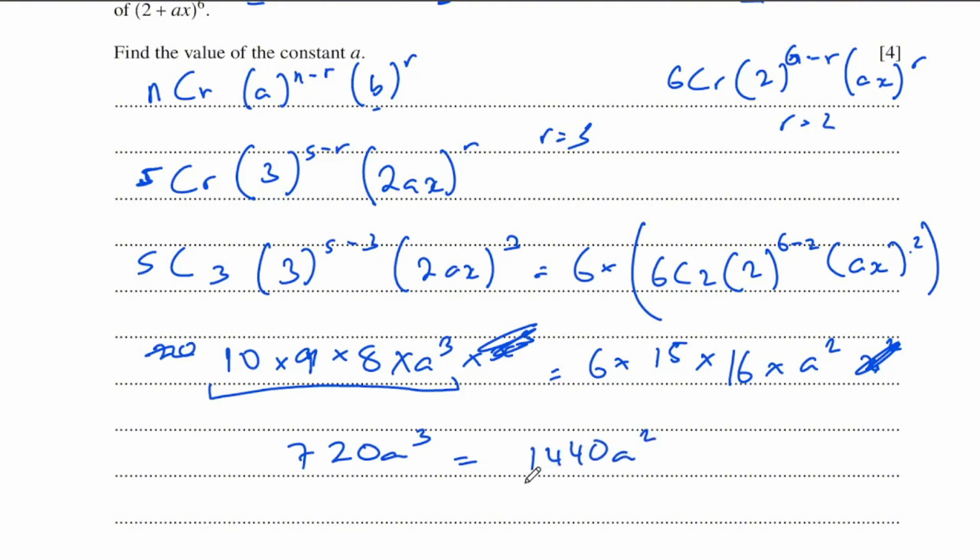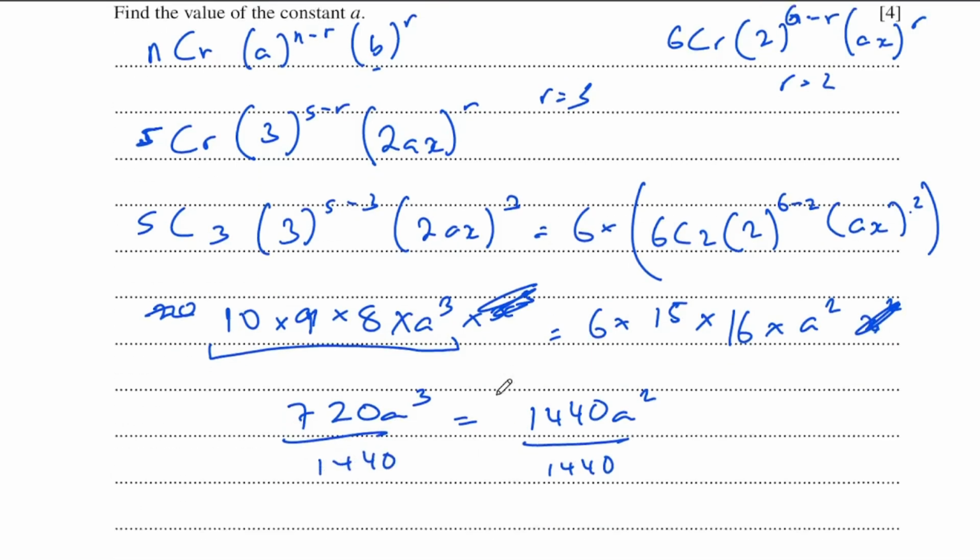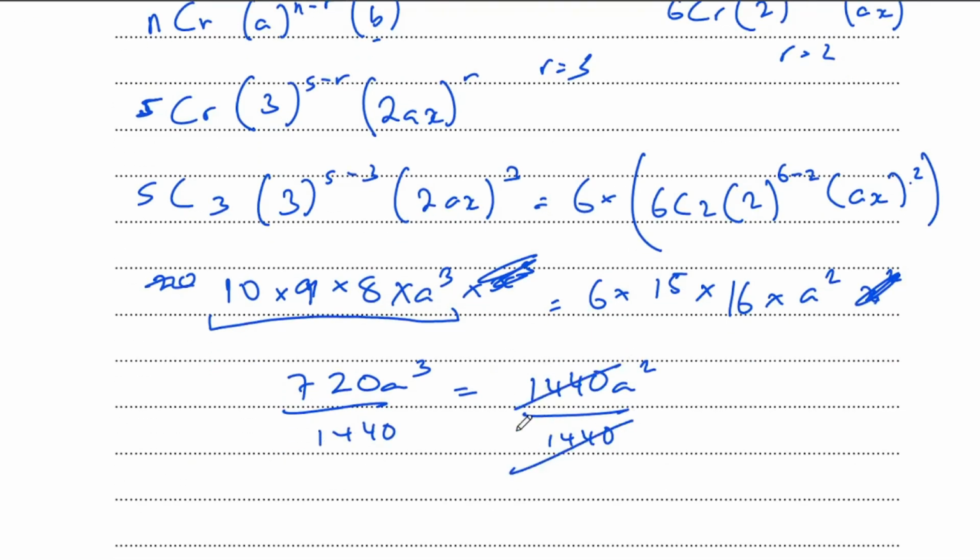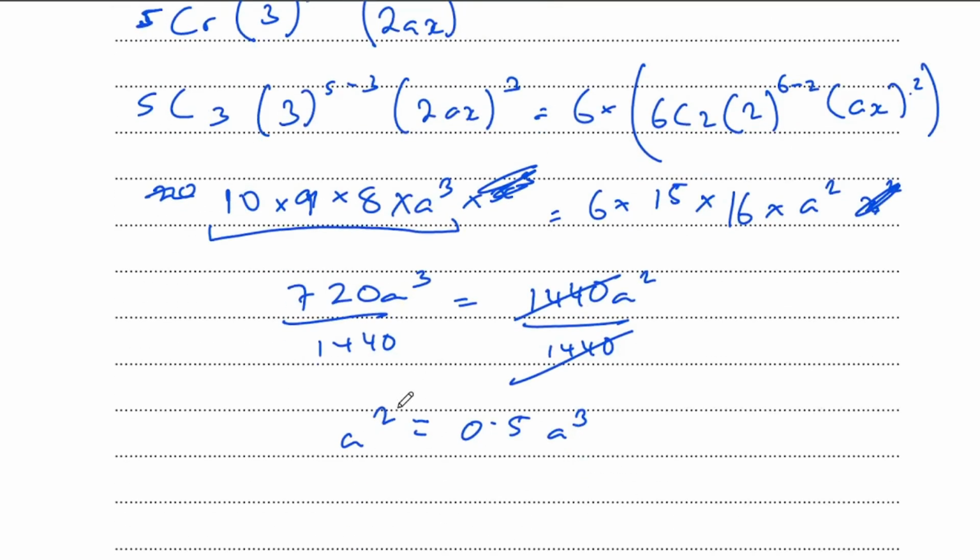Over 1440, over 1440, right? And this is just going to give us a squared equals 720 divided by 1440 a cubed. So a squared equals 0.5 a cubed, and here what we can do is just take this to the other side, and we get 0 equals 0.5 a cubed minus a squared.